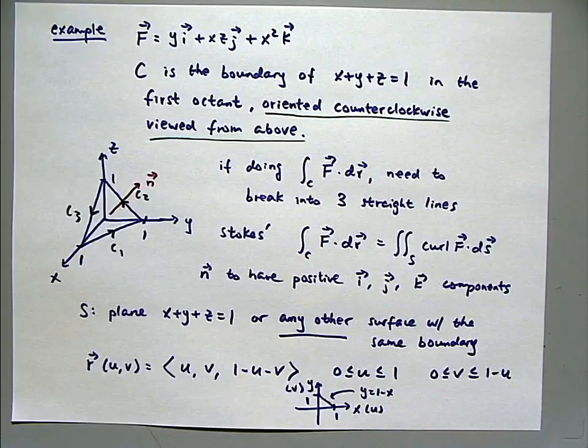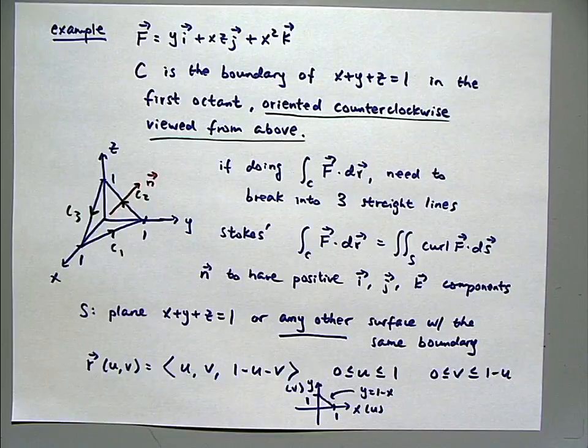We also have to calculate the curl, right? So you know how to do that. I'm just going to give you the end result of the curl. The curl turned out to be minus x, minus 2x, z minus 1.